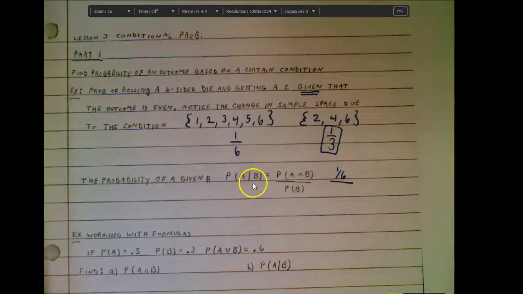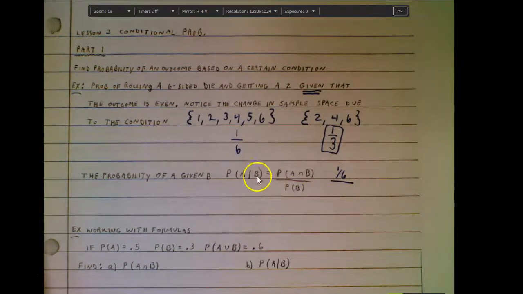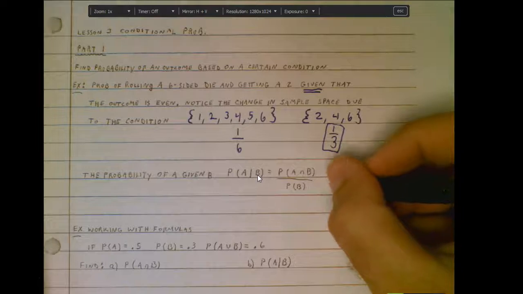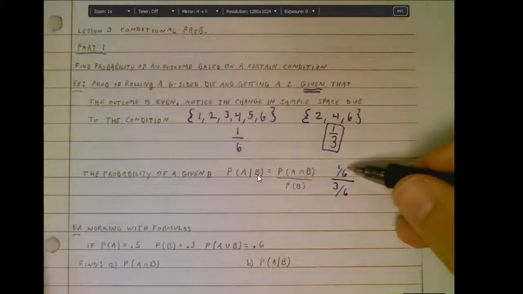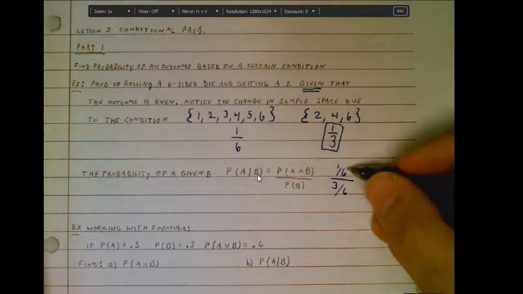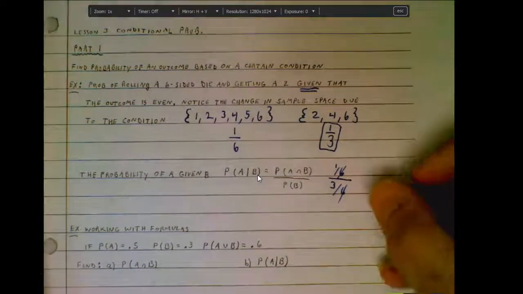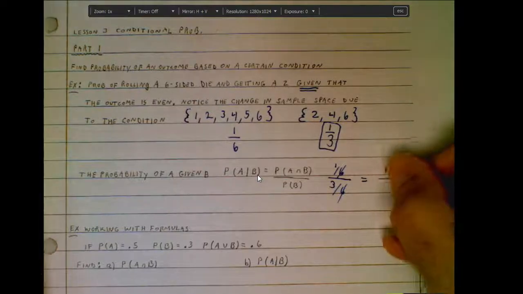And so this is the probability of getting a 2 and an even number, and if we look at the denominator as this probability, the probability that it's even, we'd say, well, there are 3 out of the 6 cases that are even, and so if I did this divided by this, I can eliminate the commonality there, and I'm just left with 1 over 3.